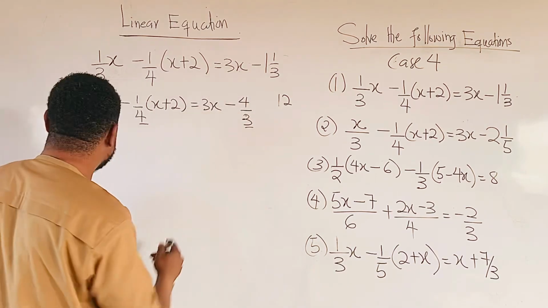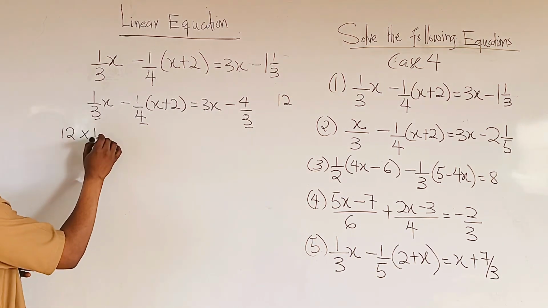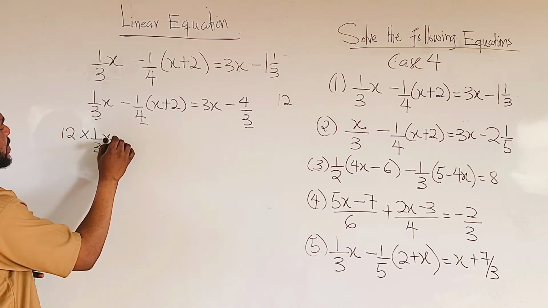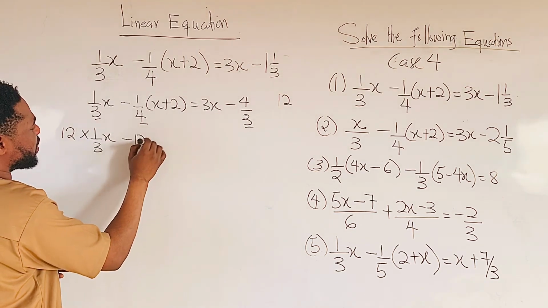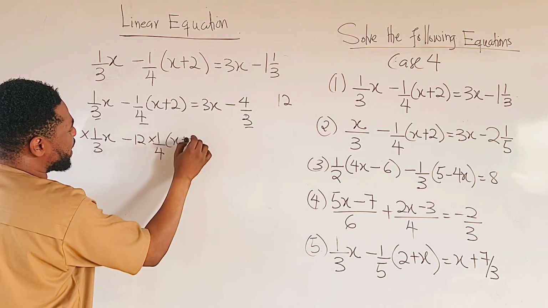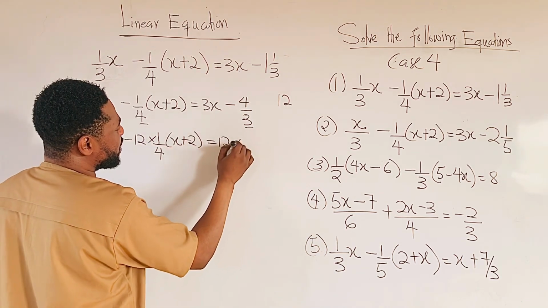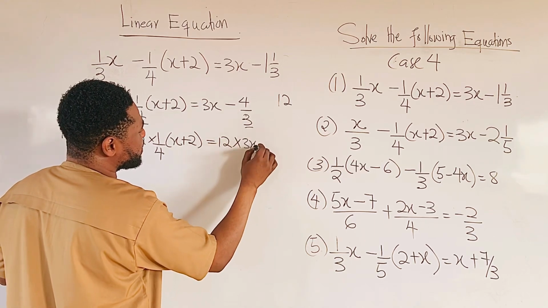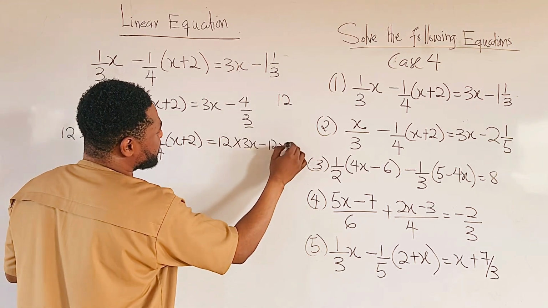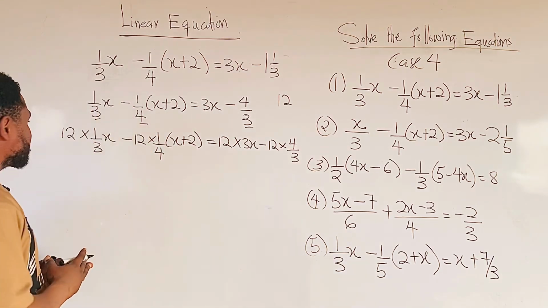So let's see how we can do it. Now we have our 12 here by 1/3 multiplying x minus our 12 here multiplying 1/4 multiplying x plus 2. All right, our 12 here multiplying 3x and our 12 multiplying 4/3, as we can see here.